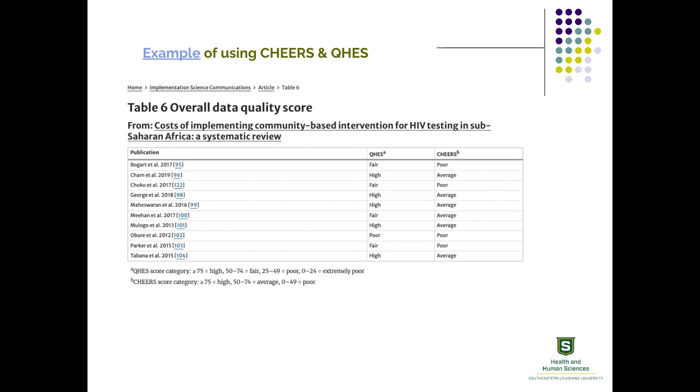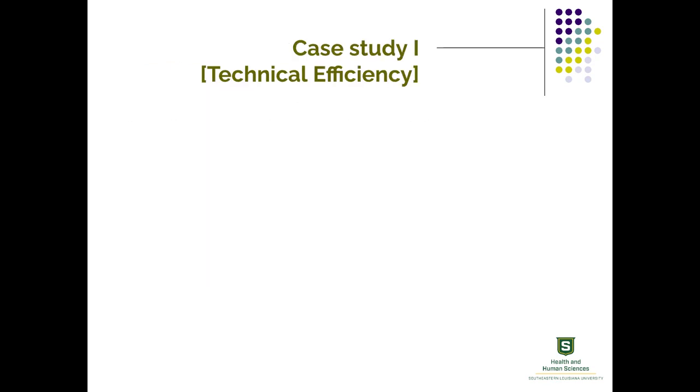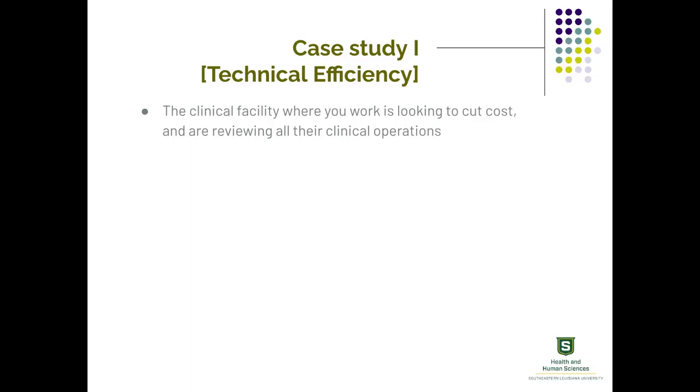So now let's get into the case study proper. With the first case study, we are looking at technical efficiency. Say in this case study, you work for a clinical facility, and maybe they're facing some financial difficulties, or they just feel that they are hemorrhaging too much money, and they decide that they want to cut costs, right?